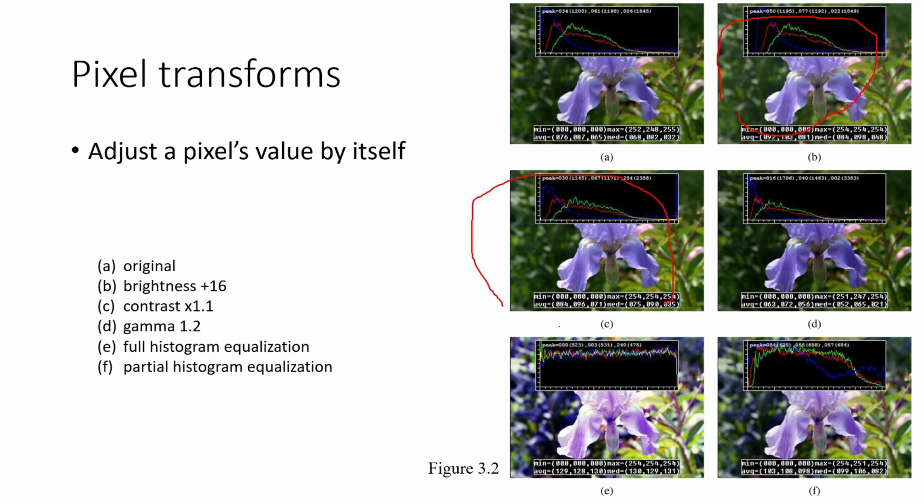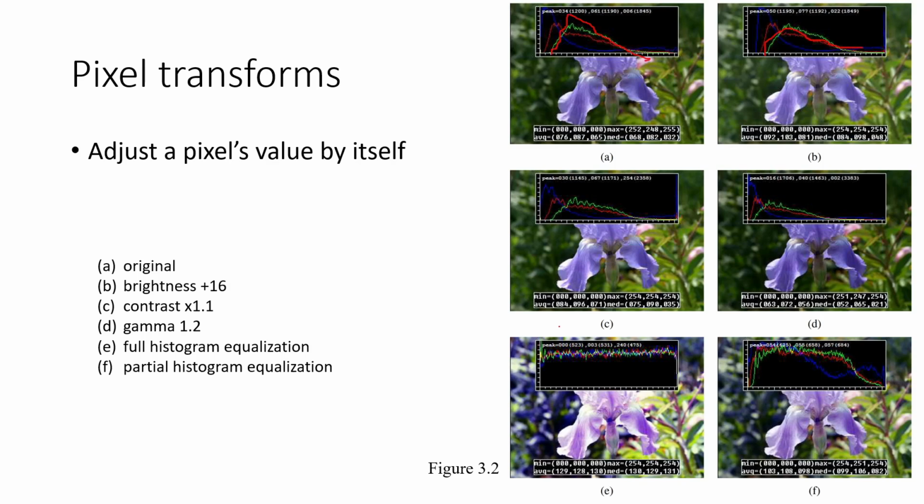So what the difference is, if you see the histogram of the 2 images, they are the same in B, only with a shift. See the shape here and here, they are the same.